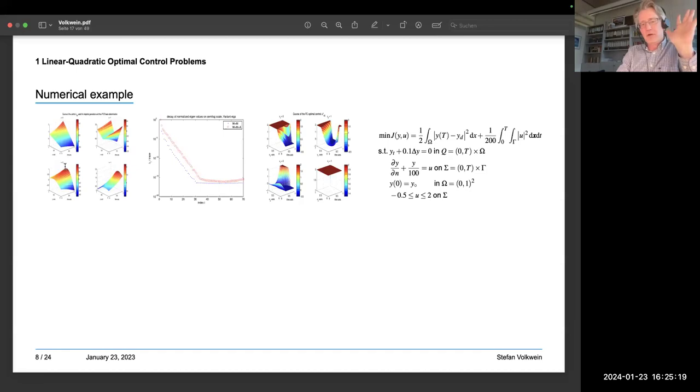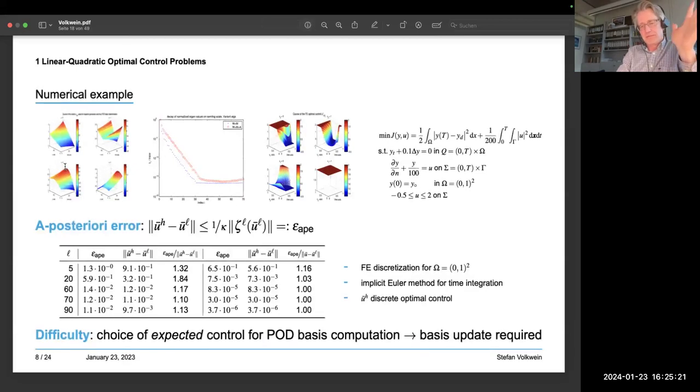So let's have a look at this table, and then it becomes hopefully clear to everyone. So we have two examples here, two runs. You see here the number of basis functions. Then the left-hand side is computed by choosing the expected control. The right one is I compute the finite element solution and use this information to get the best basis.